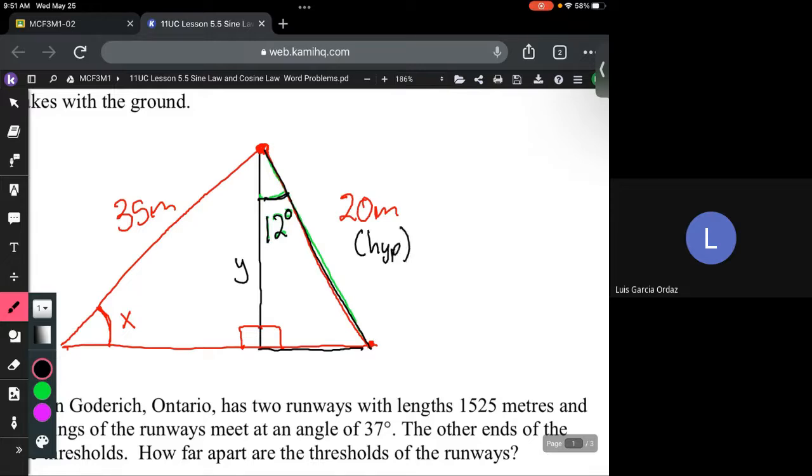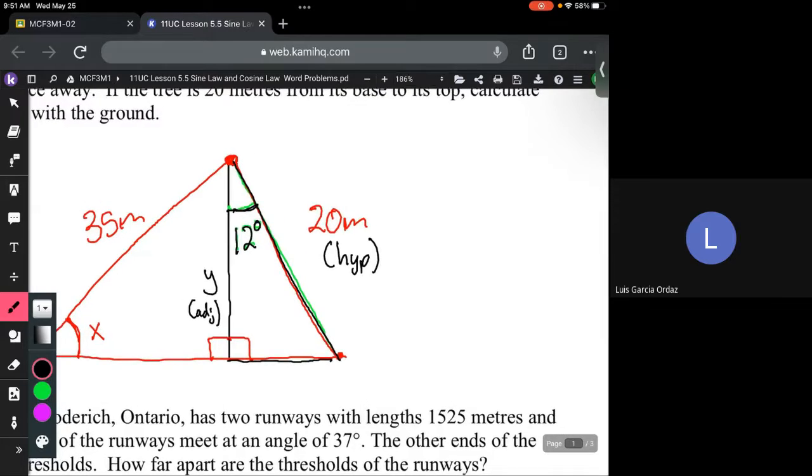And the variable side, which is Y, is going to be my adjacent. So what has adjacent and hypotenuse? Cos. So cos 12 is equal to adjacent divided by the hypotenuse. I know my adjacent side is Y, and my hypotenuse is going to be 20.